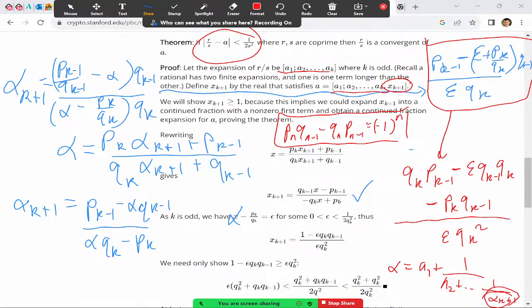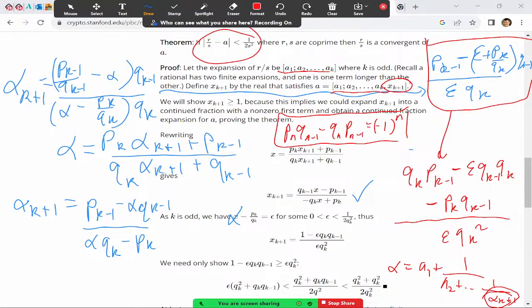Because the problem is, they say as k is odd, epsilon is positive, but that's assuming that alpha k plus 1 is positive or something of the sort. So if k is odd... yeah, actually that's kind of true, right?